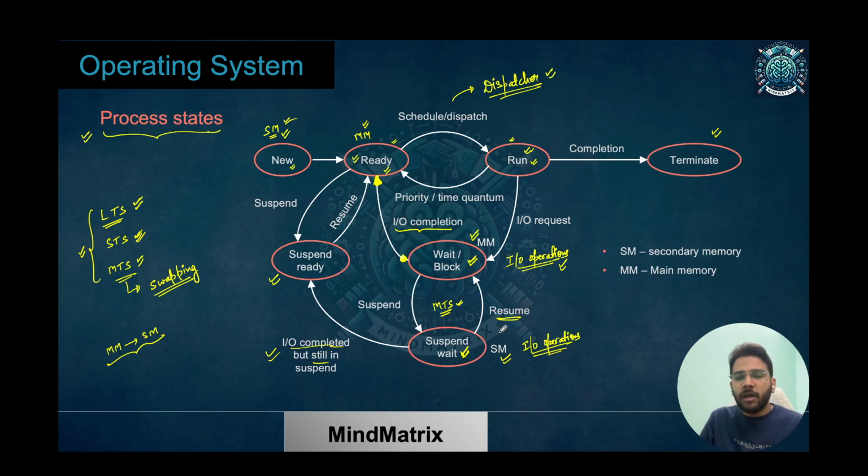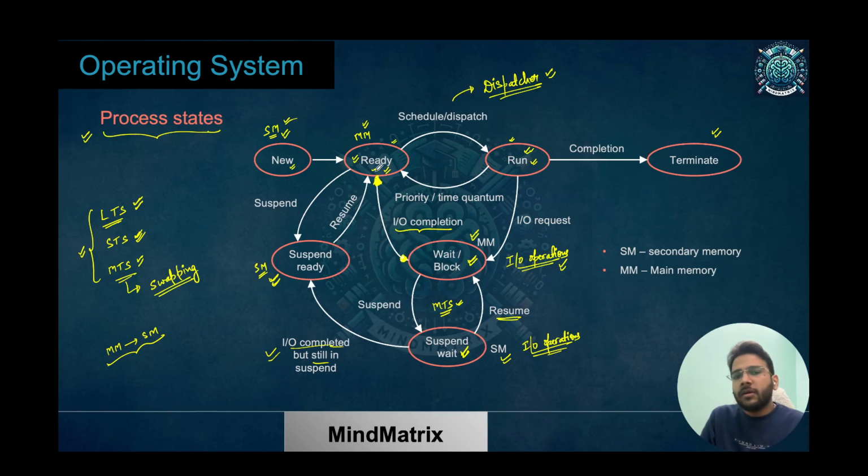If there is no space in the main memory, then after input output completion, it is going to move to the suspend ready state, and from there it is going to go to the ready state, and again the short term scheduler will select that process, the dispatcher will move the process from ready to running state, and so on. Again the same cycle goes on. Clear? So from suspend wait it can move to wait or block state, or to suspend ready state. Again suspend ready state is there in the secondary memory. Clear? So this is the flow, right?